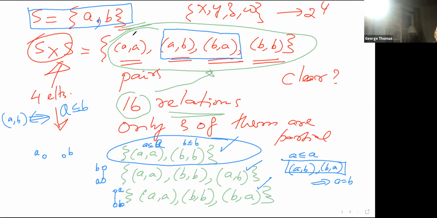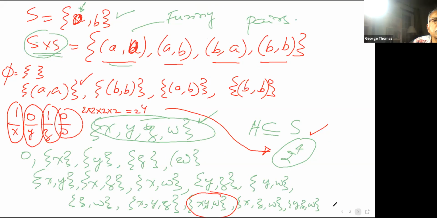Now, let me go to another topic. If you take a set S, there are 3 interesting relations on it I want to talk about before I go to the next topic. One is the identity relation.